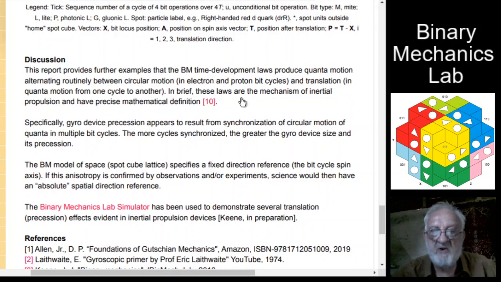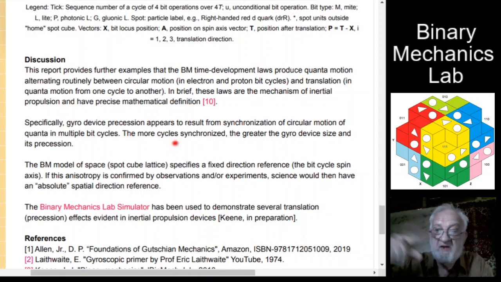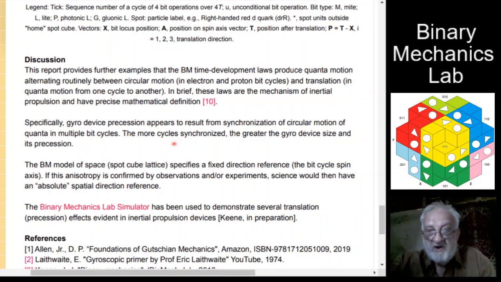In brief, these laws are the mechanism of inertial propulsion and have precise mathematical definition. Specifically, gyro device precession appears to result from synchronization of circular motion of quanta in multiple bit cycles. The more cycles synchronized, the greater the gyro device size and its precession.